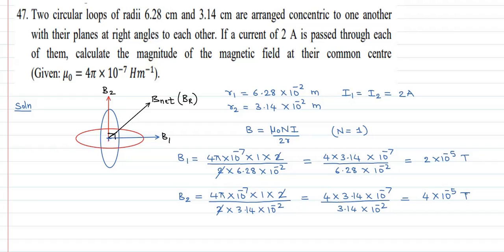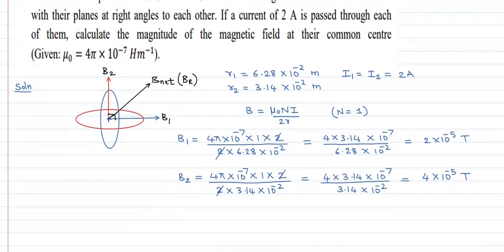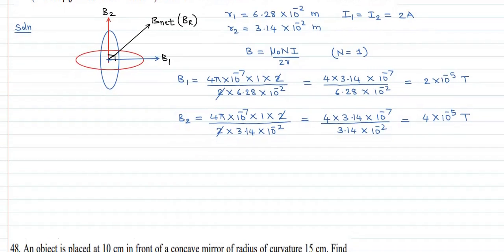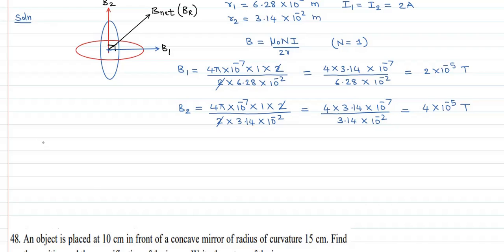Now you are required to find the magnitude of the resultant magnetic field at the center. B resultant is equal to, as both are perpendicular, root of B1 square plus B2 square.